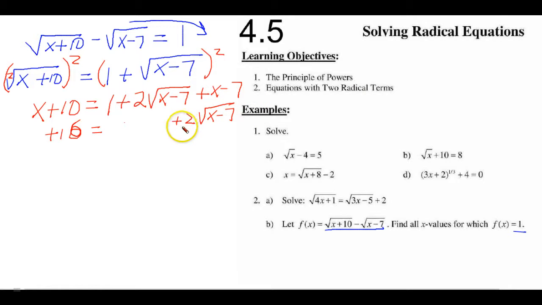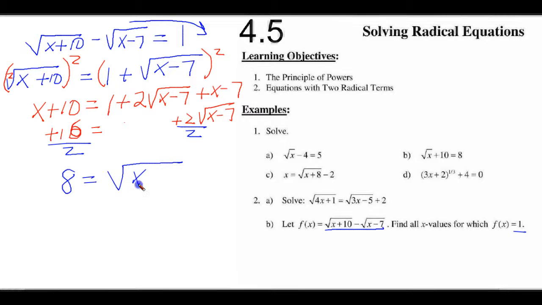Now notice I have a factor of 2 here and a factor of 16. I could divide both sides by a 2. So this then becomes 8 equals the square root of x minus 7. So a lot simpler than what we had up here.